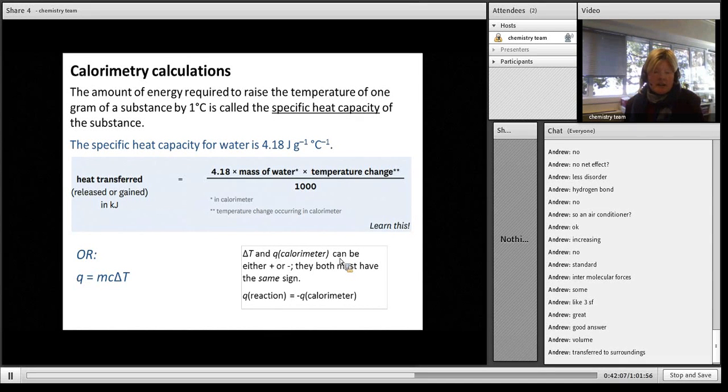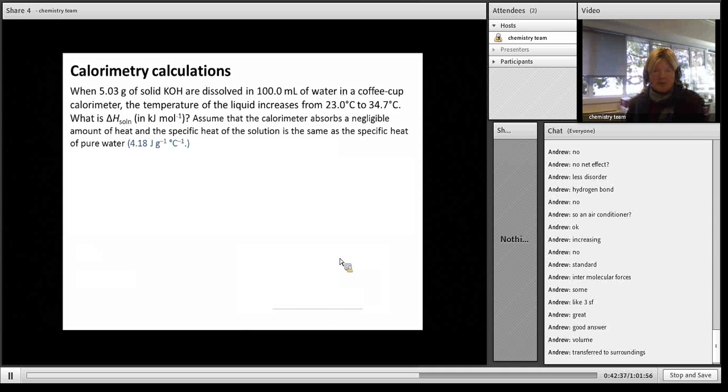What that means is that the reaction is losing that energy to the calorimeter. And this is where we get the negative from, for an exothermic reaction. If the calorimeter is gaining energy, the reaction must have lost it to the calorimeter, so it'll be a negative. I don't know if I explained that very well, but you'll see it now when we do an example.